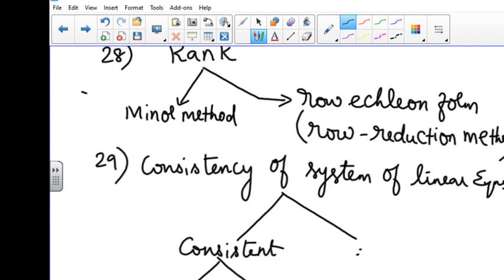Another one is inconsistent. Inconsistent means only one case, that is, it has no solution.